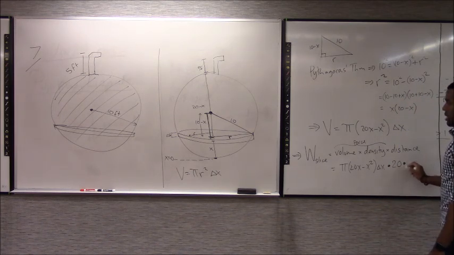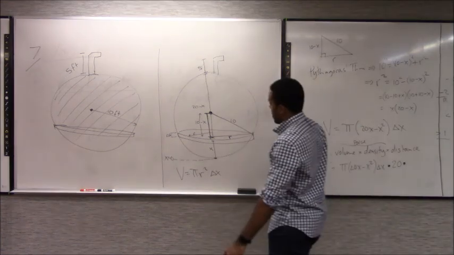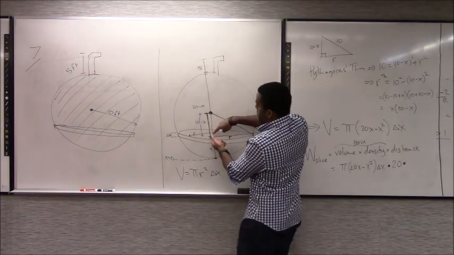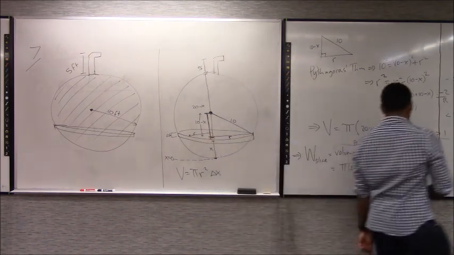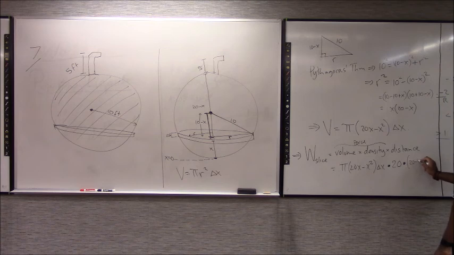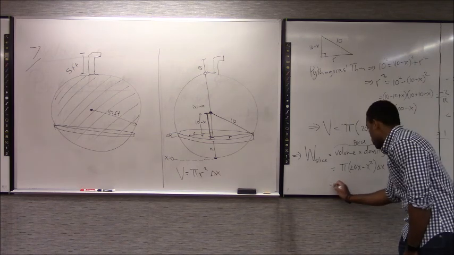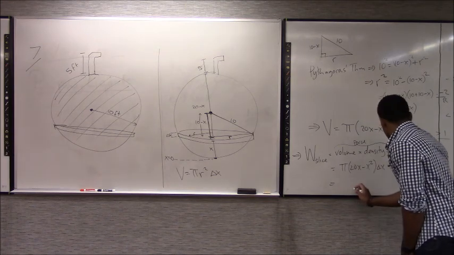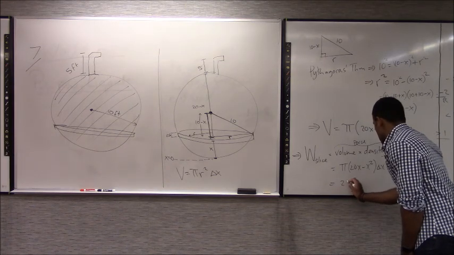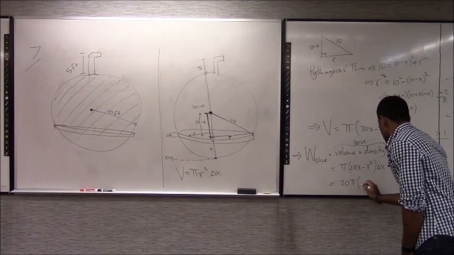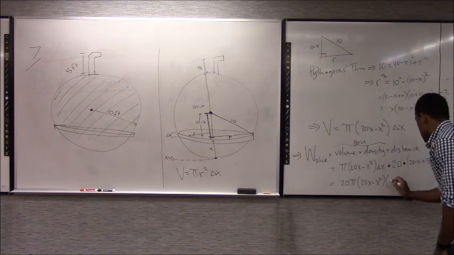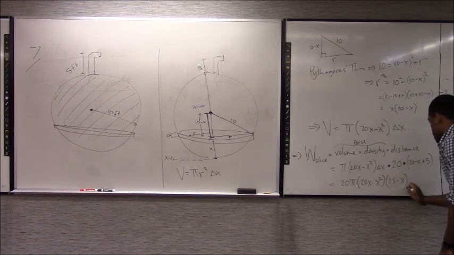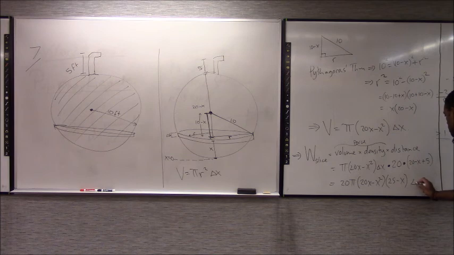The distance that this slice has to move would be, of course, 20 minus x to get to the top, plus an additional 5. 20 minus x plus 5. In other words, I can write the work to move this one slice as 20 pi times (20x minus x squared) times (25 minus x) times delta x.